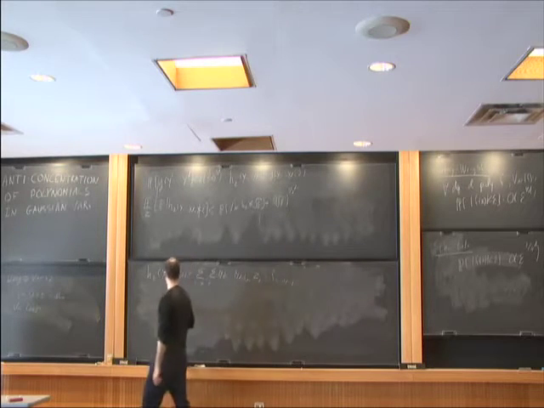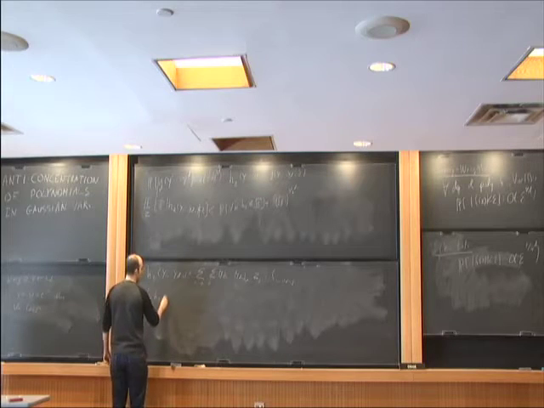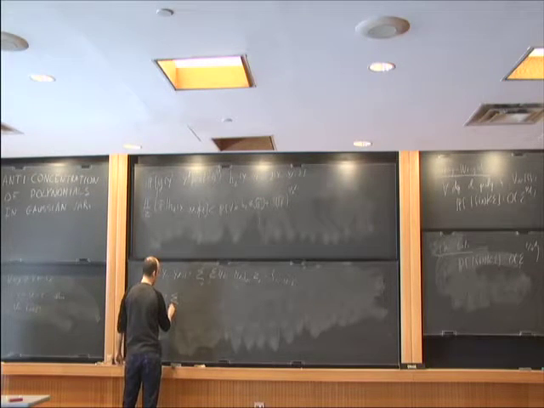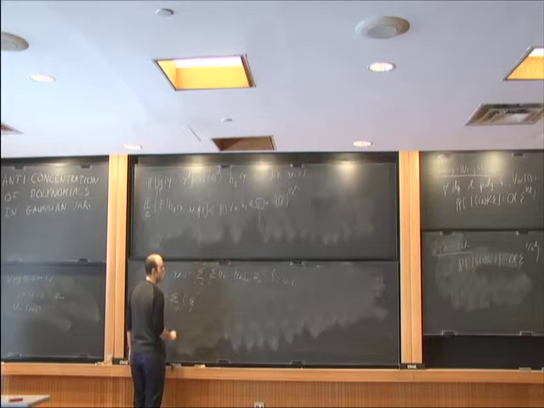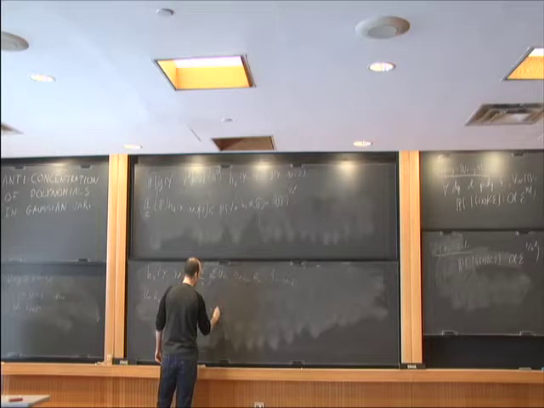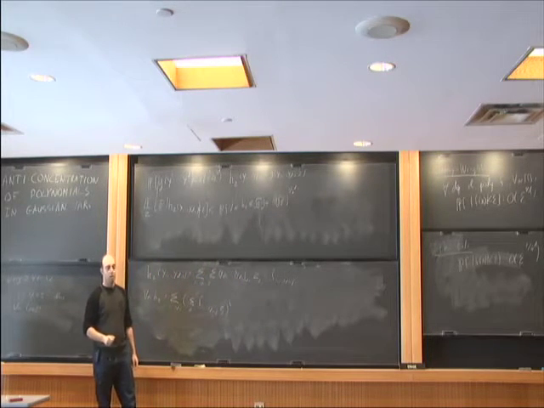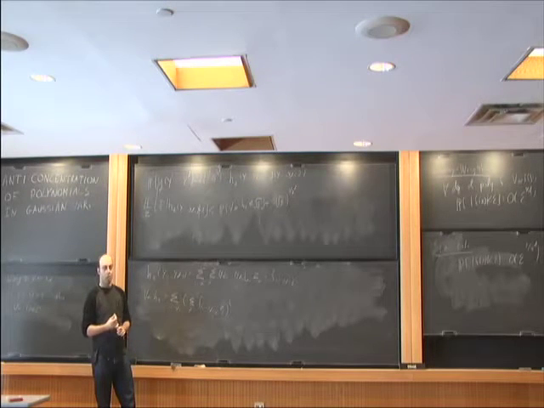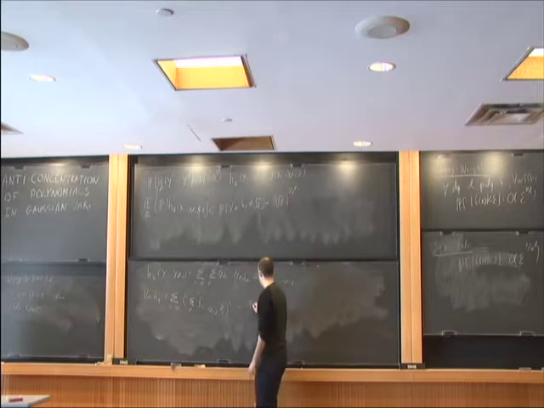So what's the variance of h of z? Well, just the sum over i1 up to id minus 1 of the sum over j of f i1, ..., id minus 1, j times zj, squared. We agree on that? So what do we have here? That's really a quadratic polynomial.